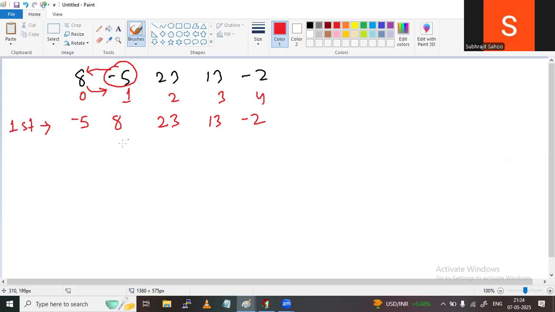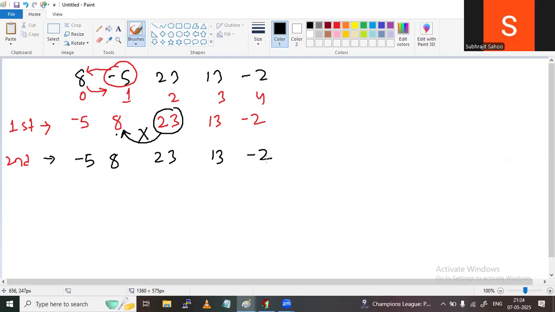Then in the second attempt, I will select the index 2 element. What is there, sir? 23 is there. Sir, I compare 23 with the 8. Is it required to swap? Sir, not required, right? If not required, then the remaining ones also are not required to swap, so they are not checked. As it is, in the second attempt I get the same result: minus 5, 8, 23, 13, and minus 2.